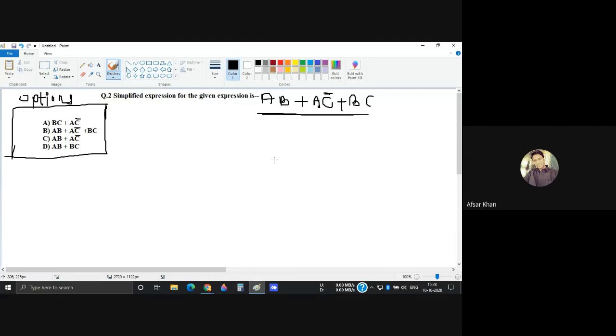What is the consensus theorem or consensus property?